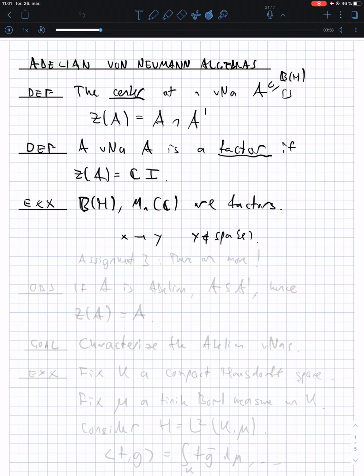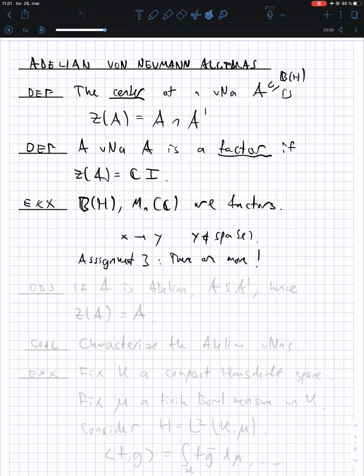It turns out to be a difficult question, and this is something that was the intention of von Neumann in the beginning of the theory, how many other factors there are. And so from assignment 3, you will see that there are more factors.